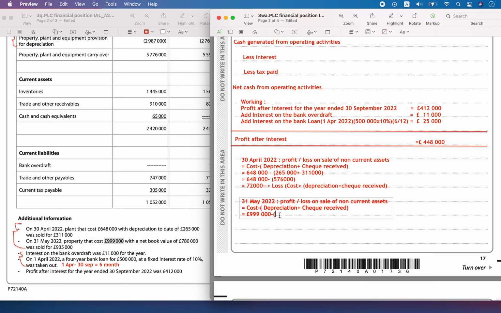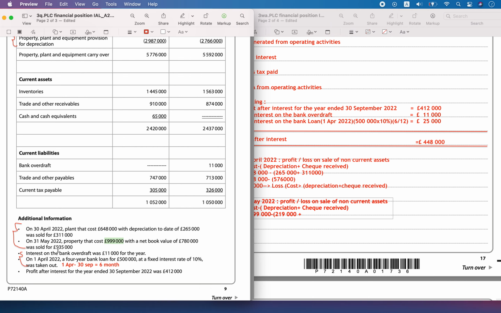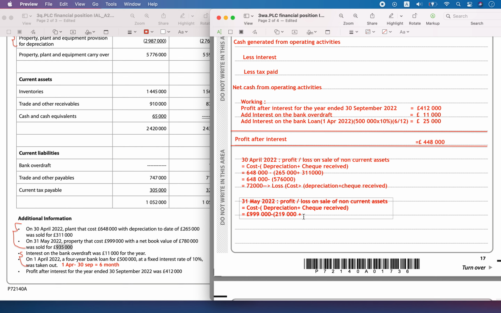So that's the depreciation you will enter, plus the cash received. It was sold for 935,000.